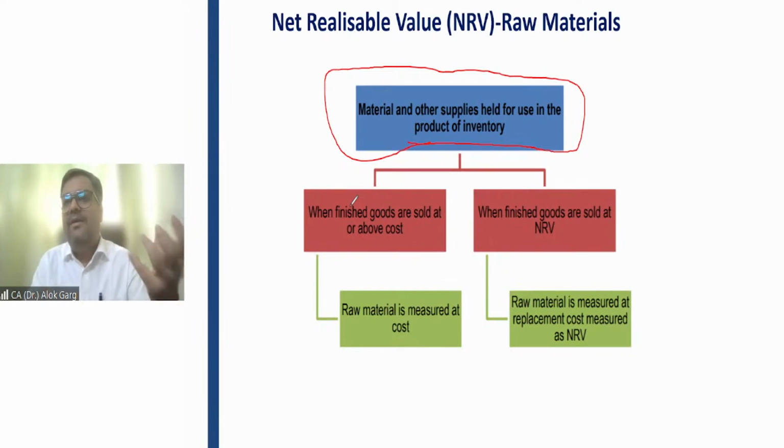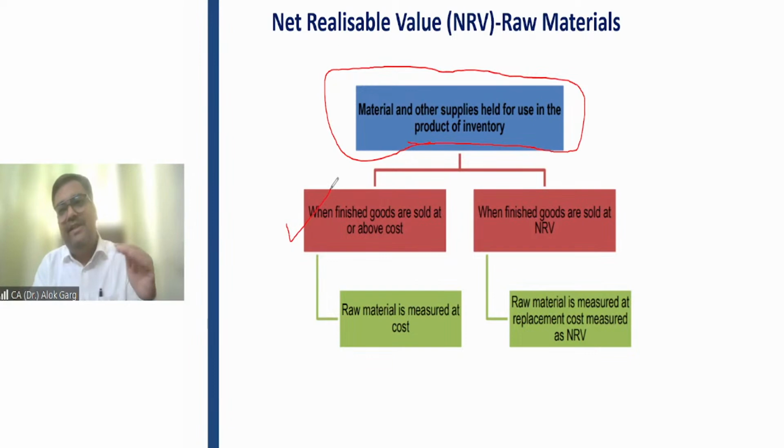This semiconductor is a raw material for the automobile companies, right? So if the finished goods are sold at cost or above cost, right? The total cost of the car is 10 lakh rupees, and it is getting sold at either 10 lakh rupees or more than 10 lakh rupees.